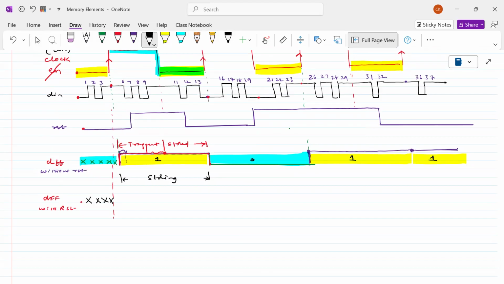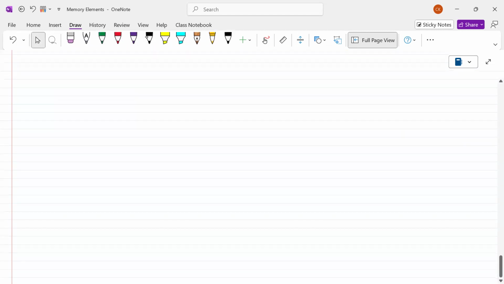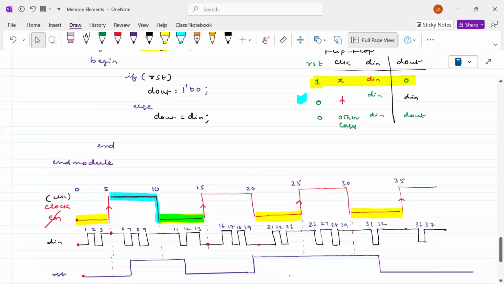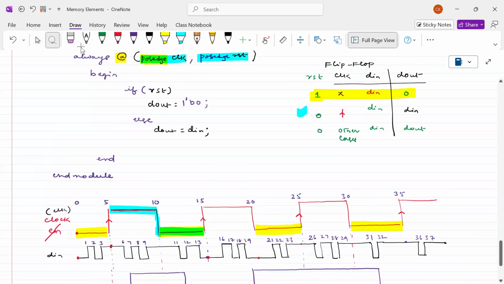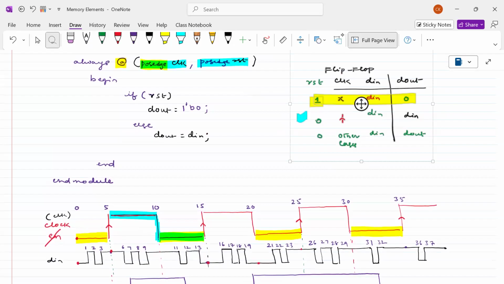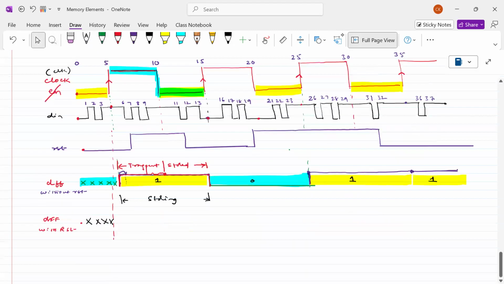Now what is happening next? You see the positive edge of the clock. It is better if I take this waveform so that you don't have any confusion. Let me copy it and paste it here.